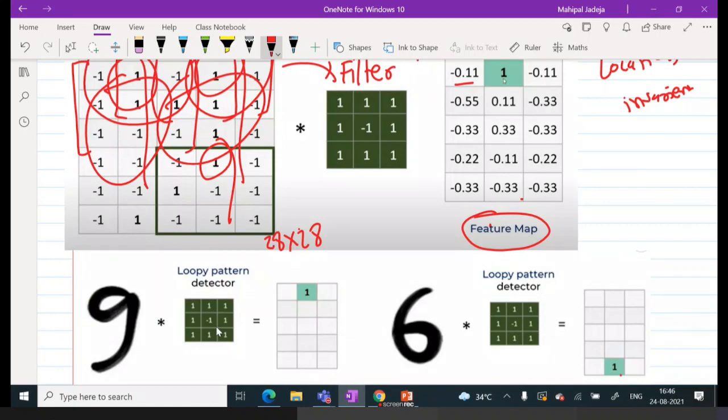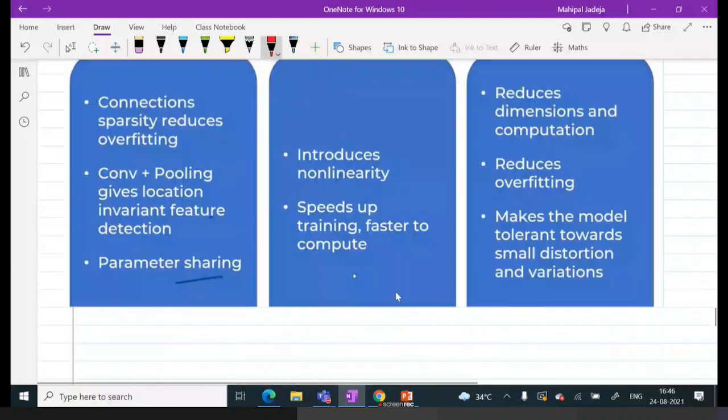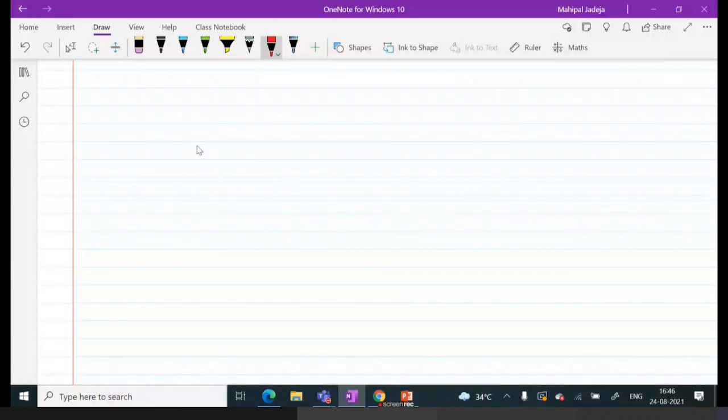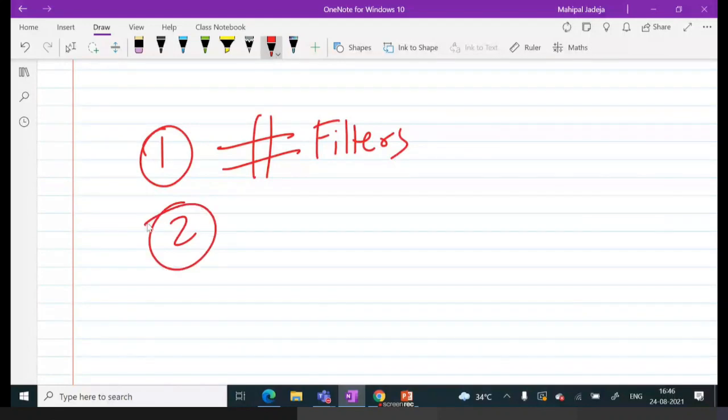So here, deep learning libraries help us. We don't even need to specify these filters. All we need to do is specify the number of filters, how many filters are required, and the size of each filter.